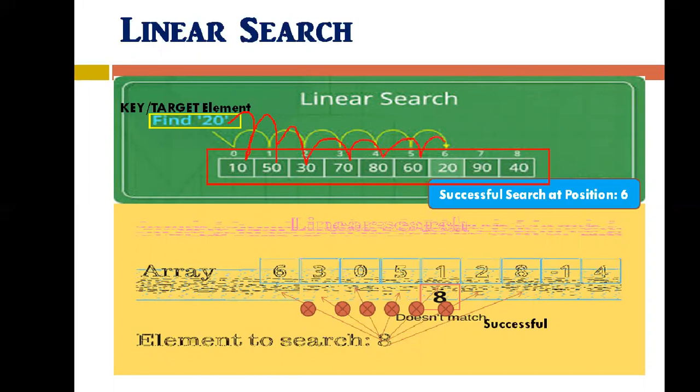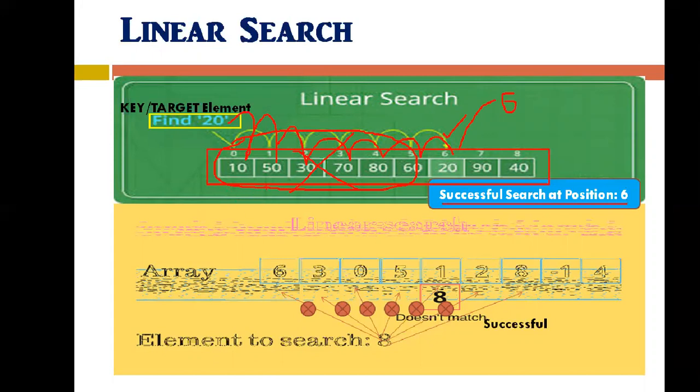But 20 compared with 20, in this case, the element is found. In all the earlier cases, the element was not found. But here the element is found, so the logical position will be returned. So the successful search is at position 6, and this 6 will be returned.